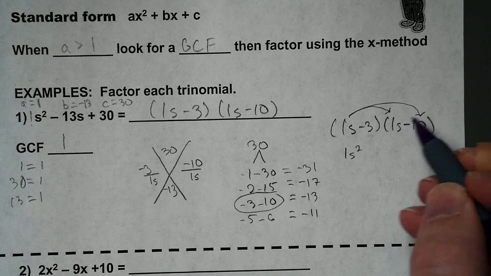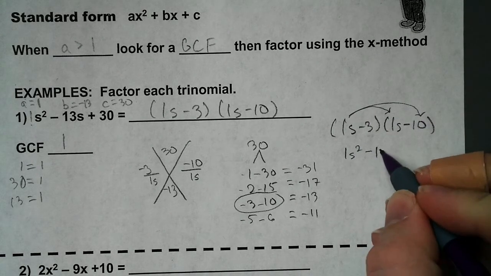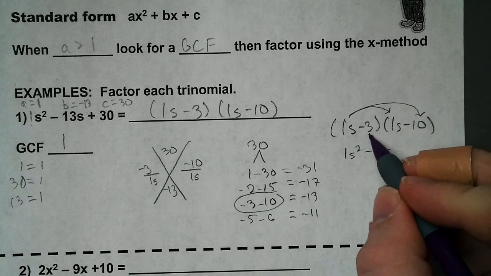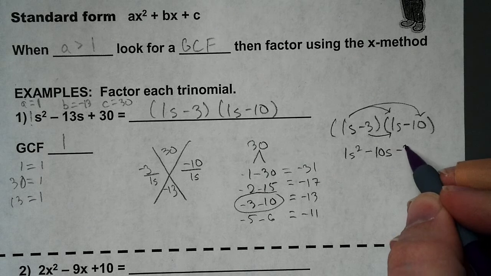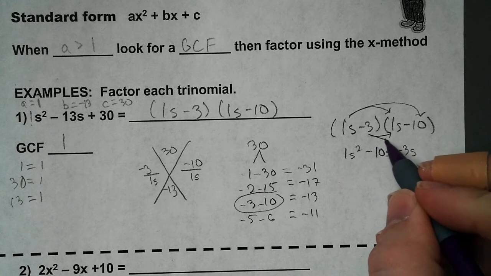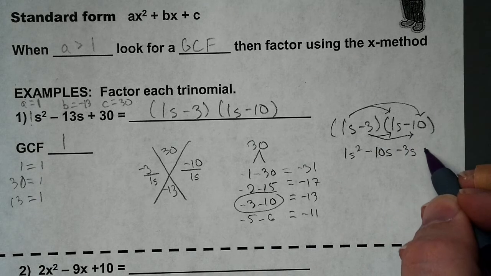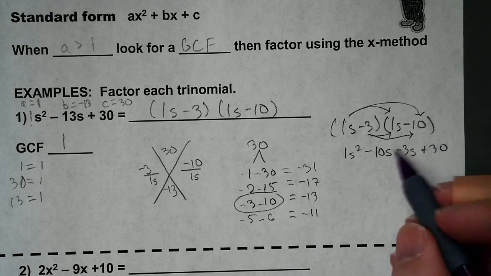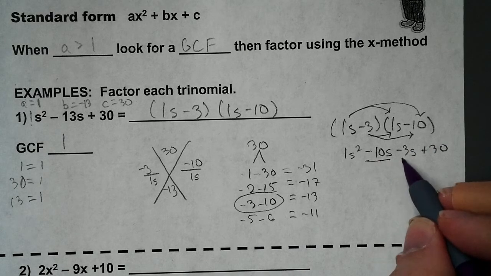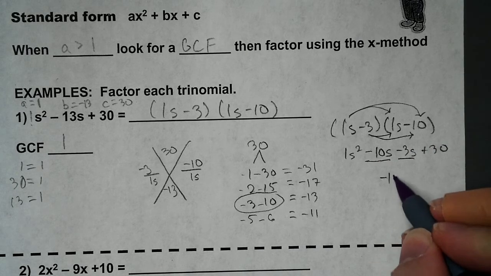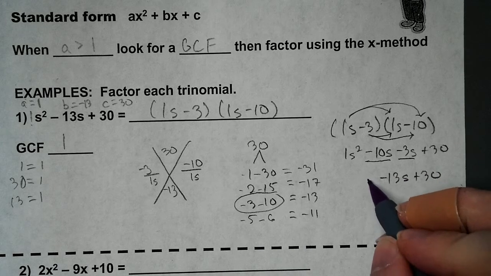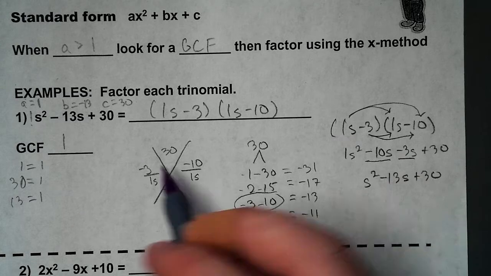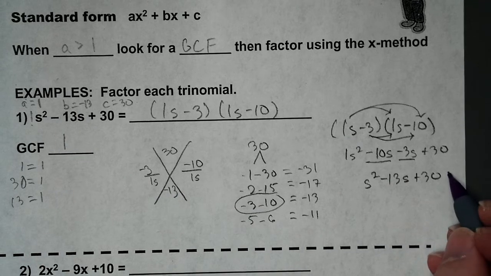This times this, 1s times negative 10 is negative 10s. Negative 3 times positive 1s is negative 3s. Negative 3 times negative 10 is positive 30. When I combine my like terms, negative 10 and negative 3, I get negative 13. Bring everything down. And that is what I started with, so I know I just checked my answer.